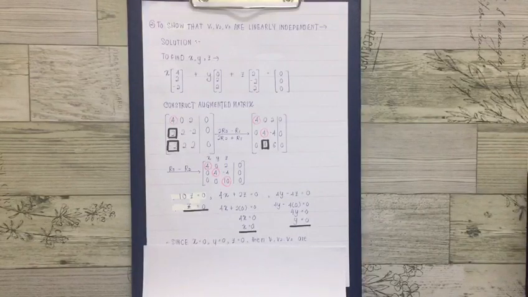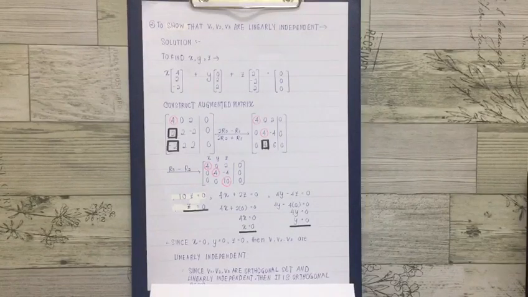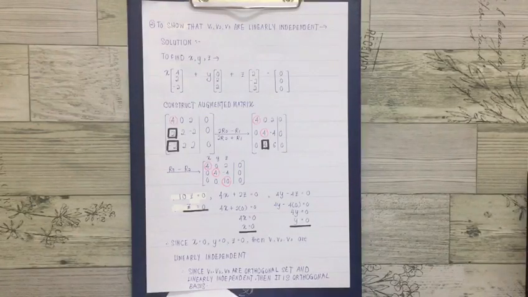Since x equal to 0, y equal to 0, and z equal to 0, then V1, V2 and V3 are linearly independent. Since V1, V2 and V3 are an orthogonal set and linearly independent, then these vectors are an orthogonal basis.